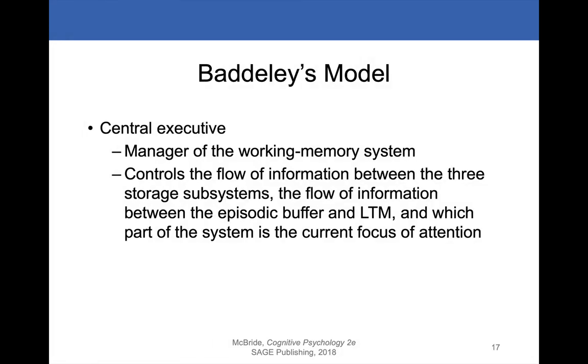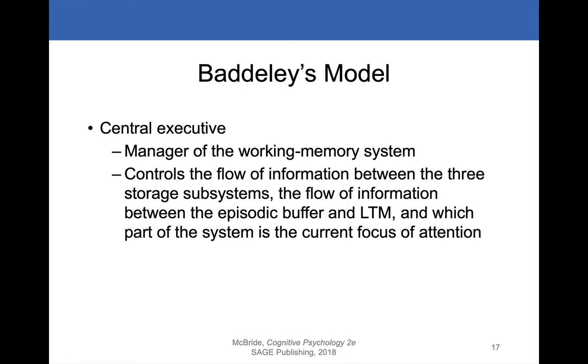The central executive is the manager of the working memory system. So these different subsystems, the sketchpad, the phonological loop, the episodic buffer, can't just be working independently of each other. Obviously, they have to be coordinated. And they have to be coordinated with long-term memory. They have to decide what gets stored in long-term memory. And that's the job of the central executive.